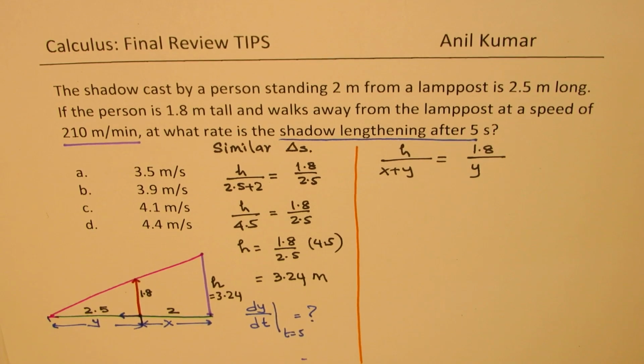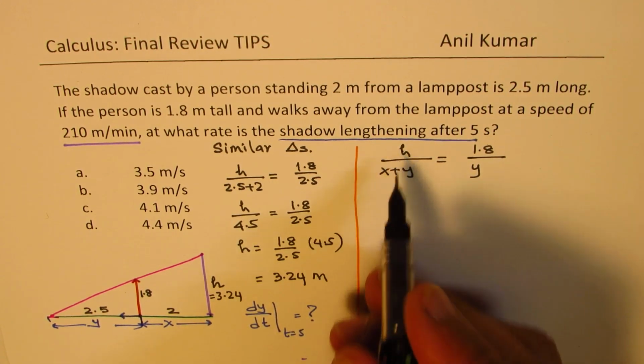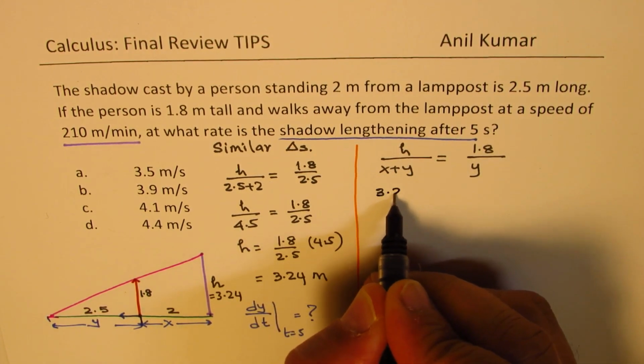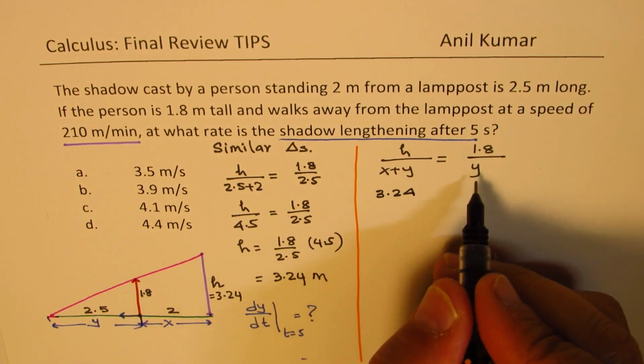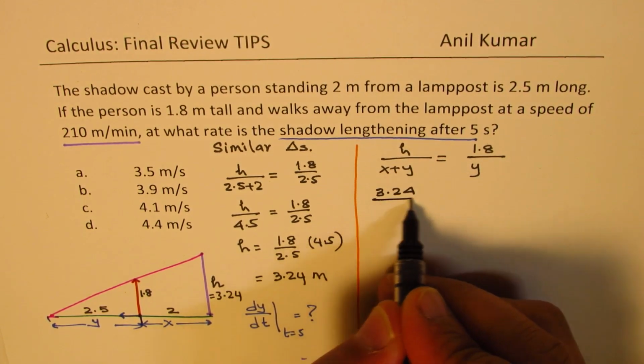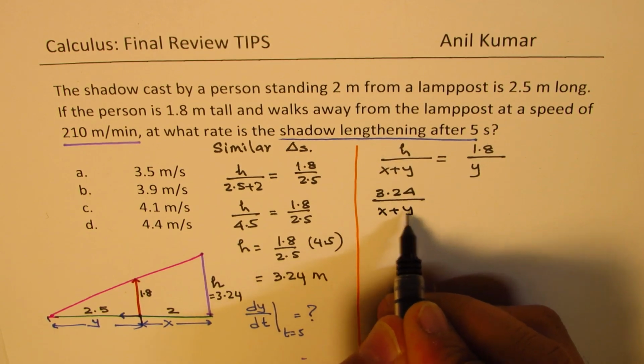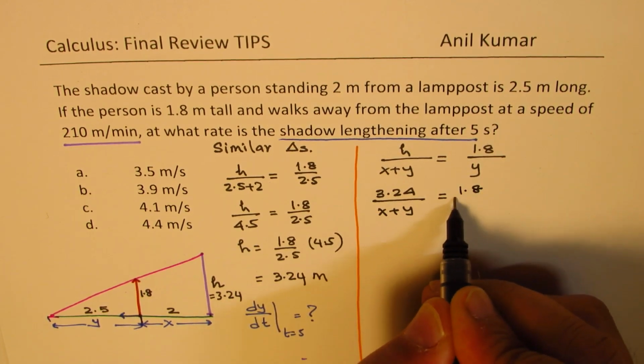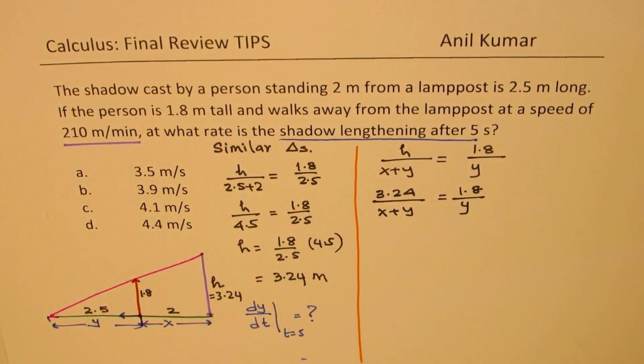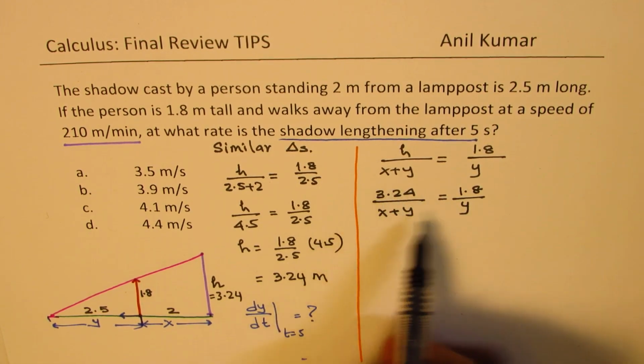Perfect. Now we know the value of this h, which is 3.24. So we'll write 3.24 for h. So we get 3.24 over x plus y equals to 1.8 over y. Now we'll just cross multiply.